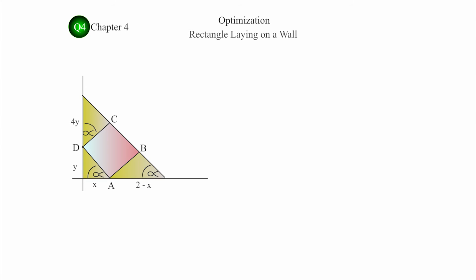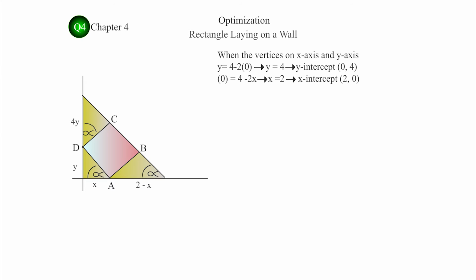First of all, the question says that two of the vertices are on the x and y axes. With this information, we can find the 2 points that are on the axes. When x equals 0 in the function, we find our y-intercept is equal to (0, 4). And when y equals 0, our x-intercept is equal to (2, 0).